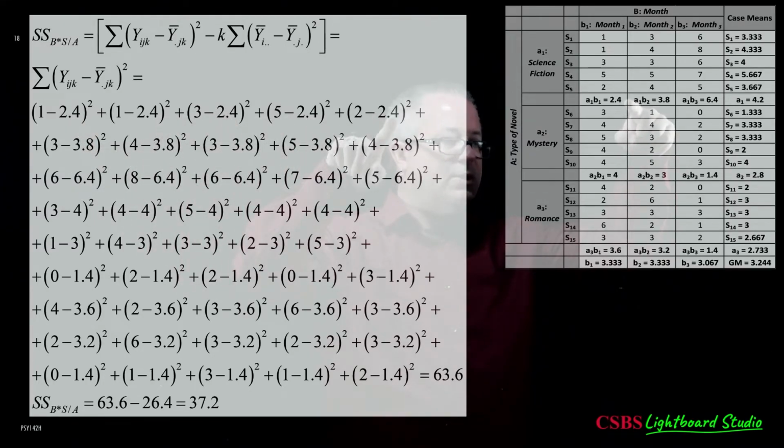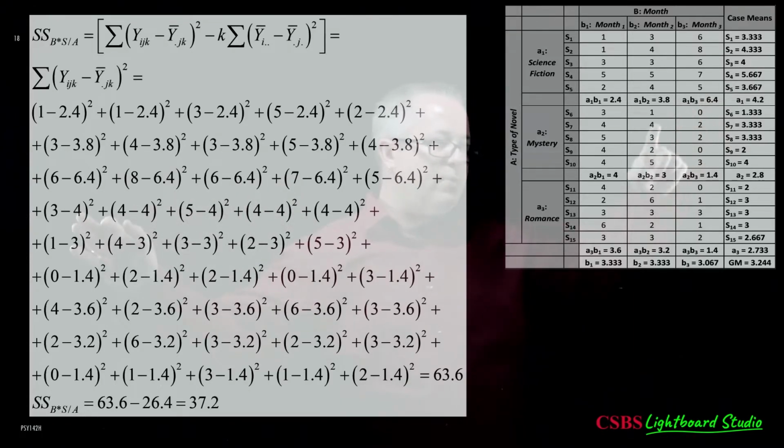But now when I change to the next group, I have a new mean, 3.8. So now I'm doing 3, 4, 3, 5, 4, minus 3.8, 3.8, 3.8. All right, subtracting this out. Everybody next group, 6, 8, 6, 7, 5, I'm subtracting out this mean.